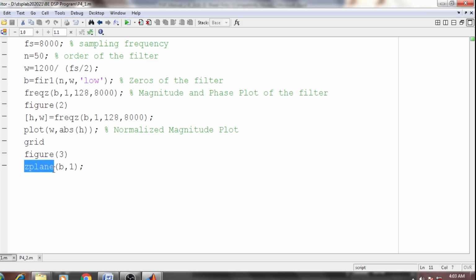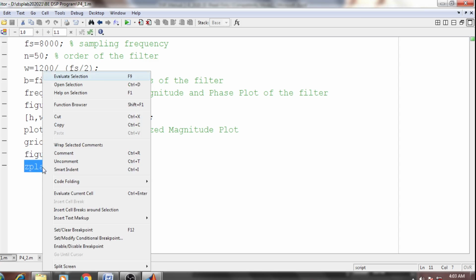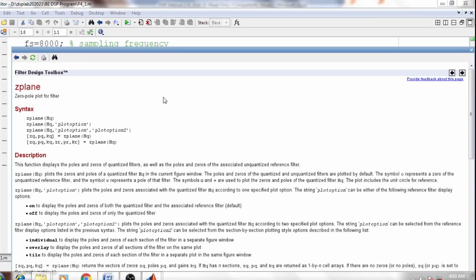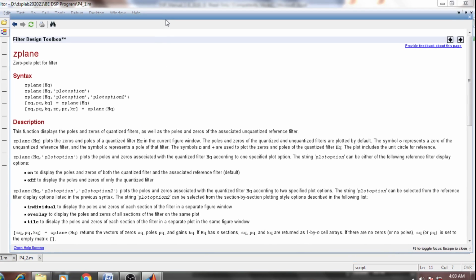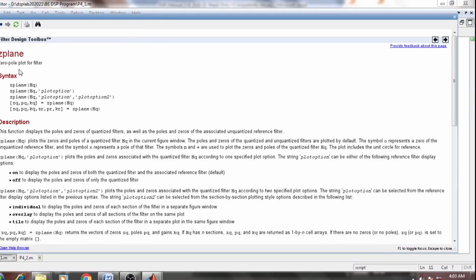Whatever coefficients we are getting, from those coefficients the zero pole plot for the filter will be plotted. That zero pole plot of the filter will be plotted with the help of the z plane. Here you can see the poles and zeros associated with the unquantized reference filter.